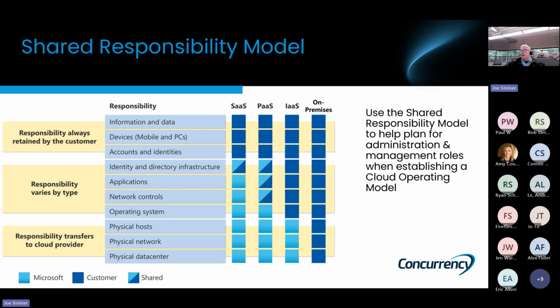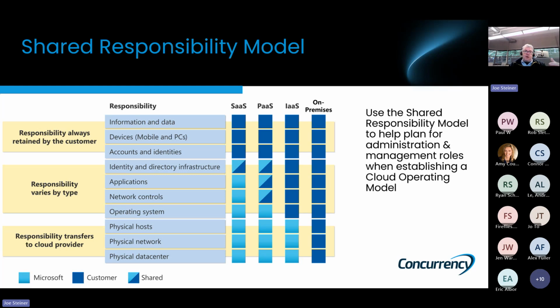Okay. Another important concept, very core, that a lot of you have likely seen before, is the shared responsibility model. As you're considering your cloud operating model, it's good to keep this in mind. What this is illustrating is, whether you're running software as a service, platform as a service, or infrastructure as a service, who has responsibility for managing the different aspects, whether that's the customer, or something Microsoft has taken on because it's running this as a software as a service or platform as a service offering.